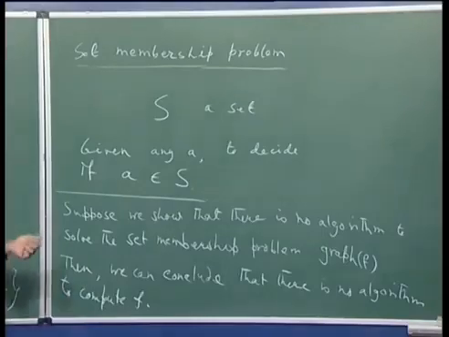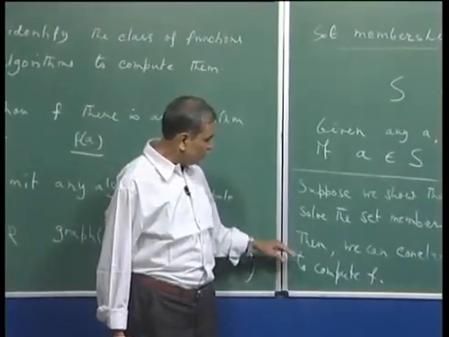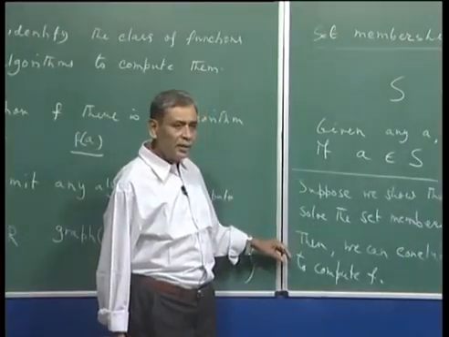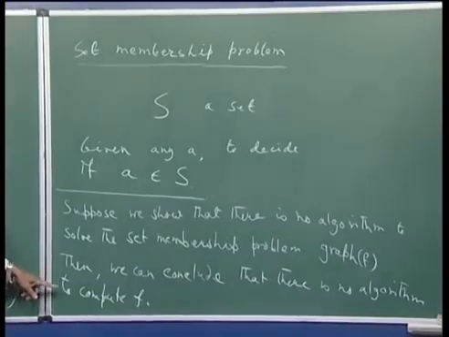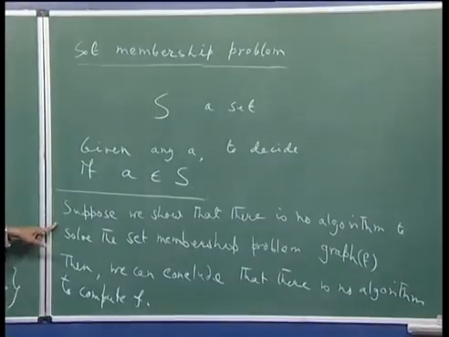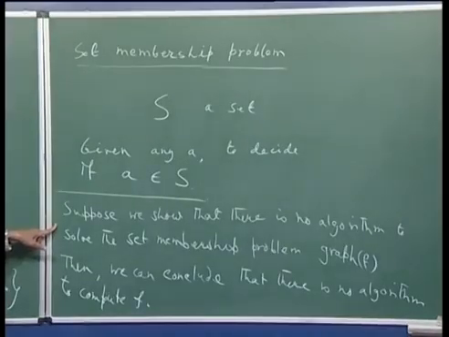And this is quite easy to see, and we can very easily prove the equivalent contrapositive statement, in which we say that if there is an algorithm to compute f, then there is an algorithm to solve the set membership problem of graph of f.